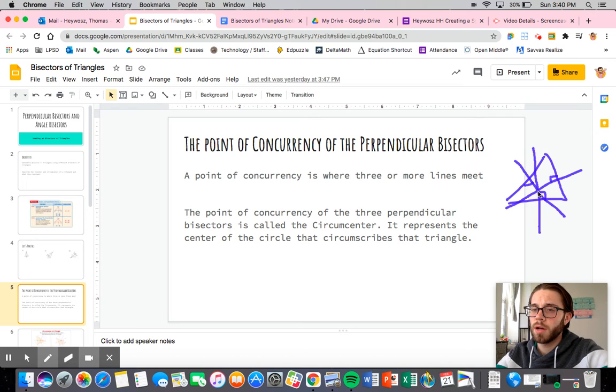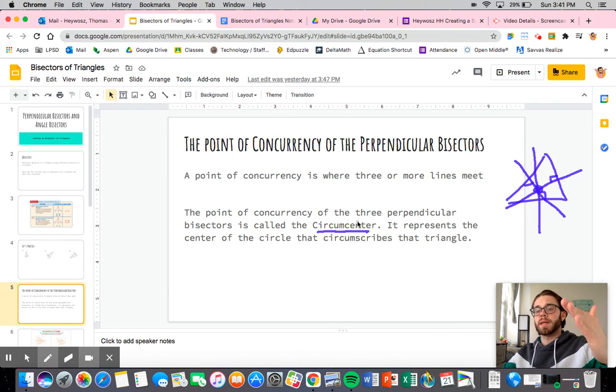So if I drew all 3 perpendicular bisectors, they are going to meet at a point called the circumcenter. Okay, the circumcenter is the point of concurrency of the perpendicular bisectors. So there are 3 perpendicular bisectors in a triangle. If you took each side and drew the perpendicular bisector, they would all meet at a point. And that point is called the circumcenter.